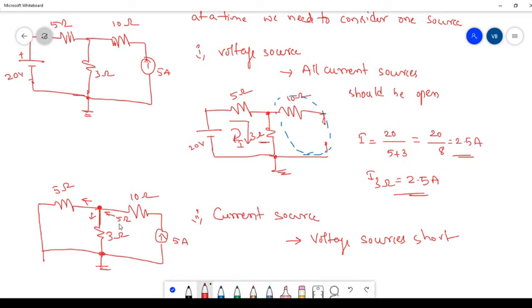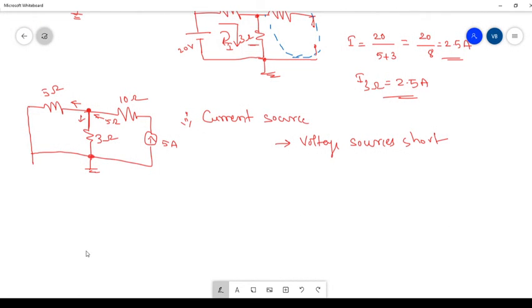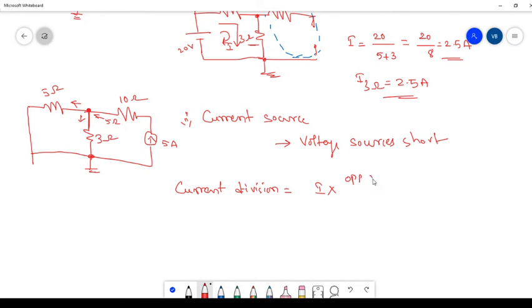What is the current division principle? It is the total current into the opposite resistance by the total resistance.